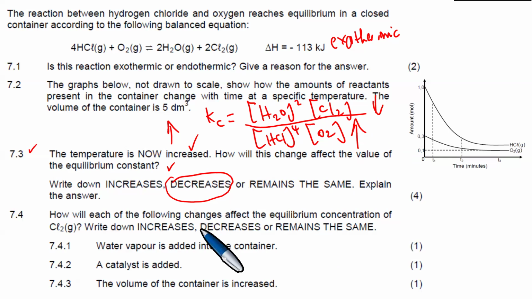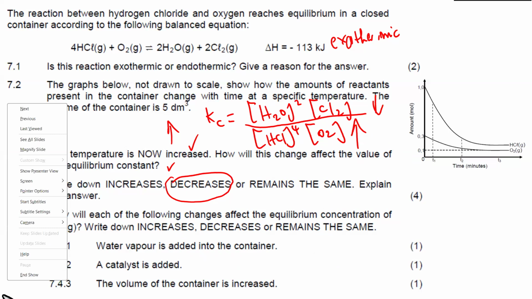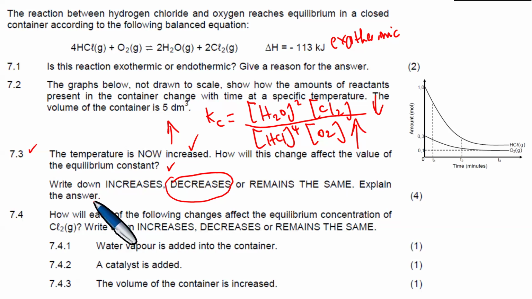Why is there a decrease? Because the number of moles of the products will decrease. Because this is exothermic, an increase in temperature, according to Le Chatelier's principle, will shift the reaction to the side of the equilibrium that counters the increase, that is going to consume the temperature being contributed.